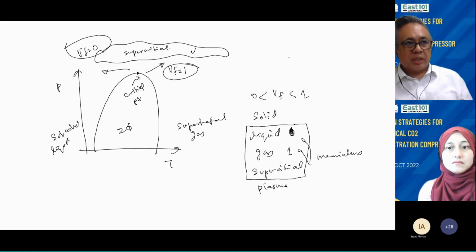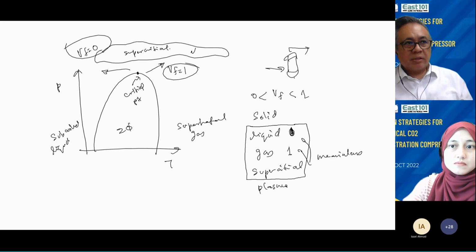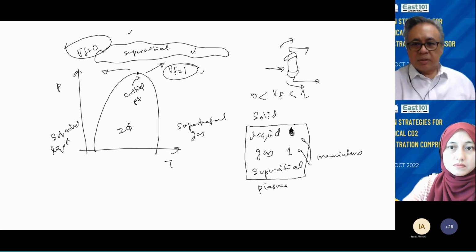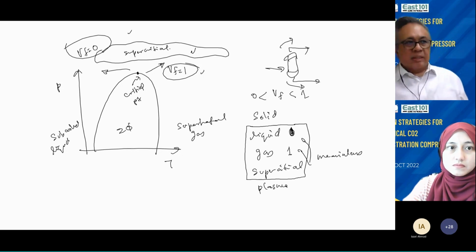If you put this through a separator, for example, depending on what the vapor fraction is, it will either go out the top or out the bottom. That's the case because it's a compressor, and as long as it's supercritical, then it is applicable to simulate it using a compressor.